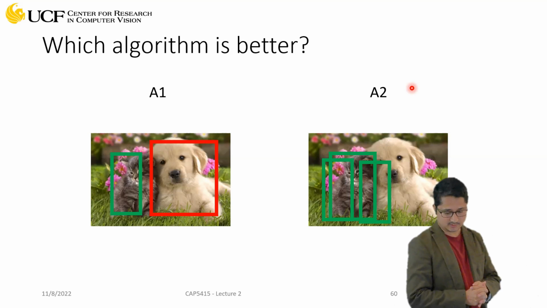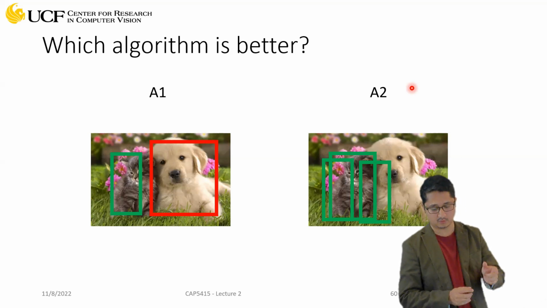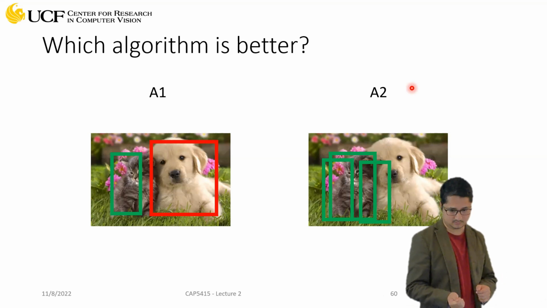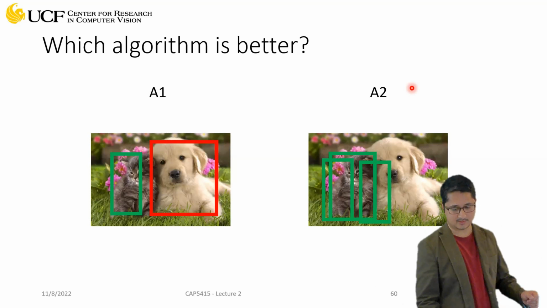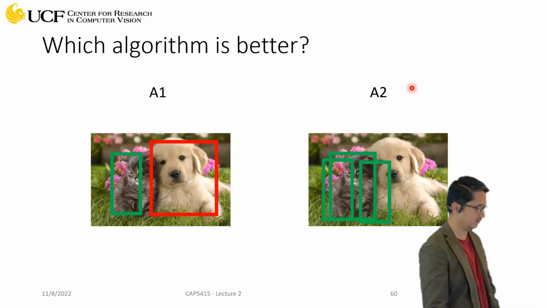The green box is a correct detection, and the red box is a false detection. So it's kind of true positive and false positive. Now the question is which of these algorithms will have a better score, just computed over these two images.